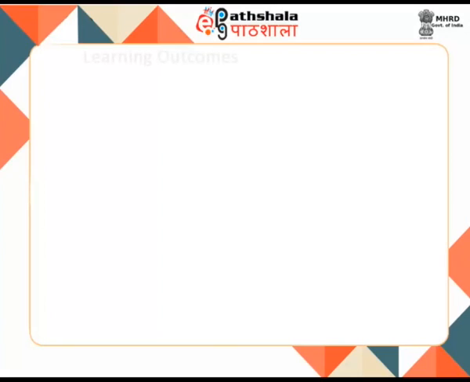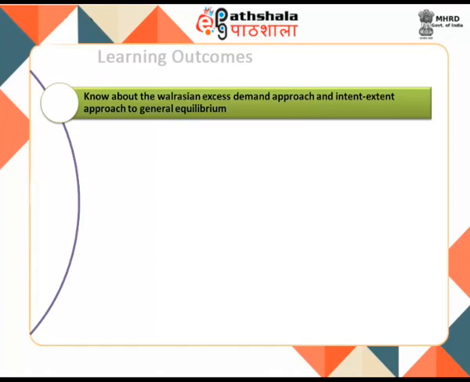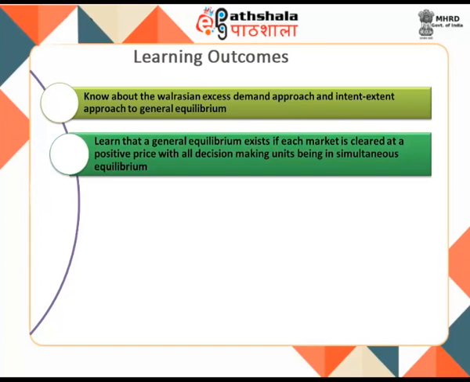After studying this module, you shall be able to know about the Walrasian excess demand approach and input output approach to general equilibrium. Learn that a general equilibrium exists if each market is cleared at a positive price, with all decision making units being in simultaneous equilibrium.